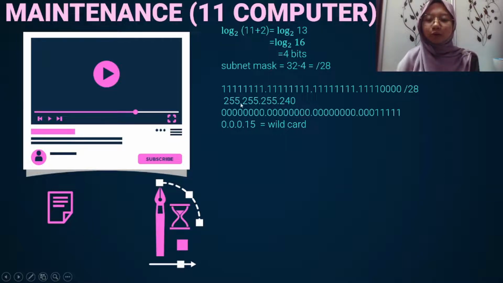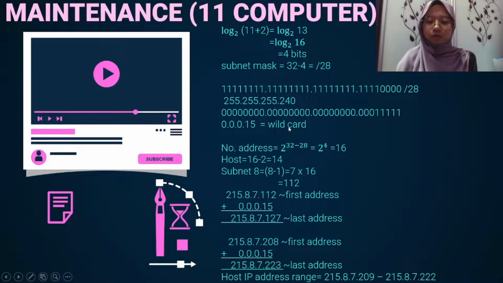We get 255.255.255.240, and then after we get this, we just change 1 into 0, 0 into 1, and then after we change it, we change it to decimal to get the wildcard. We get the wildcard is 0.0.0.15.